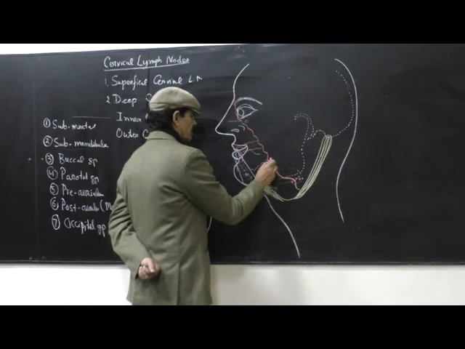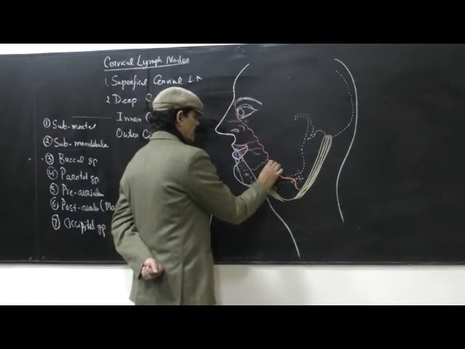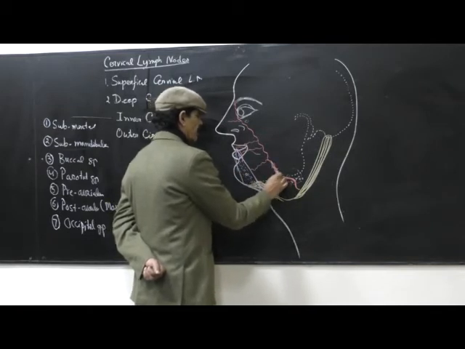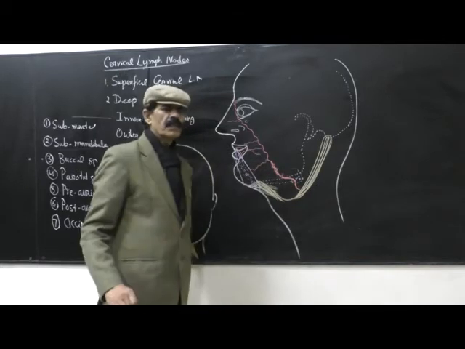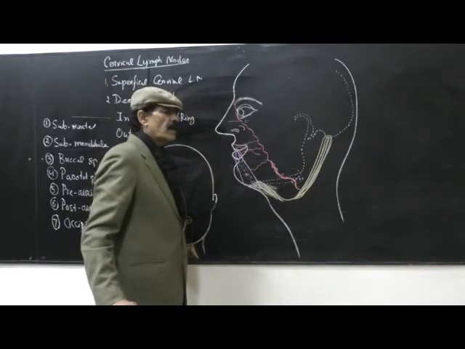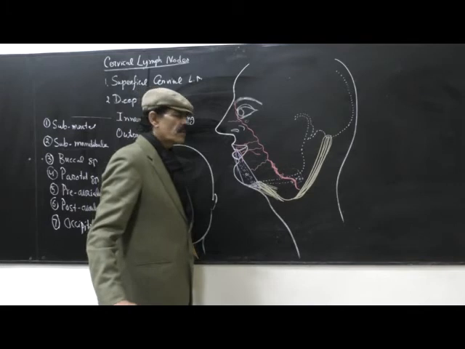So this tortuous facial artery has an intimate relation to the superficial part of the submandibular lymph node.